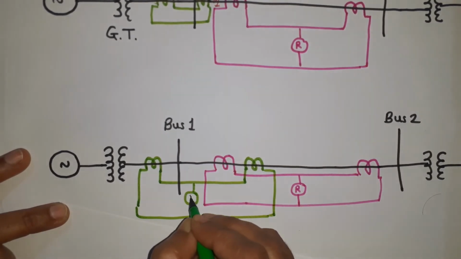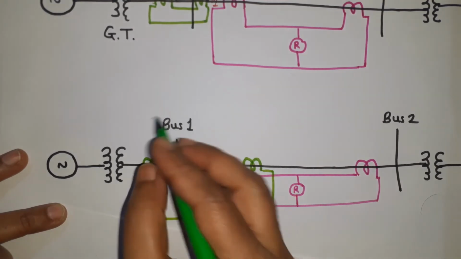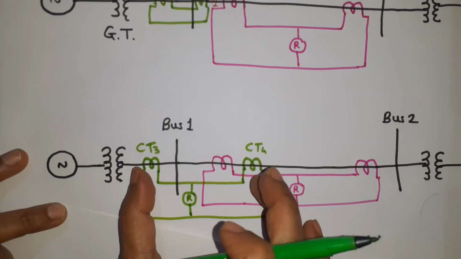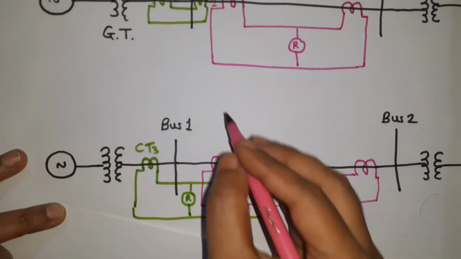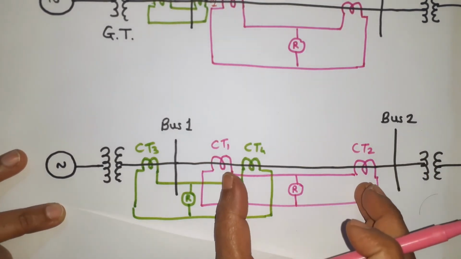So now no part of this particular area will remain unprotected. CT3 and CT4 will cover the fault occurring in between this region, whereas CT1 and CT2 will sense the fault which is occurring on the transmission line.